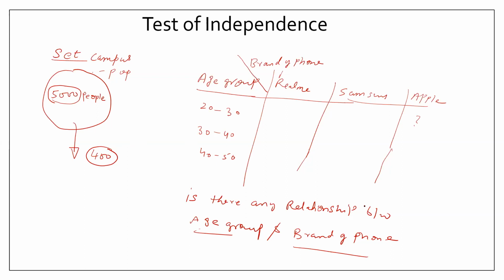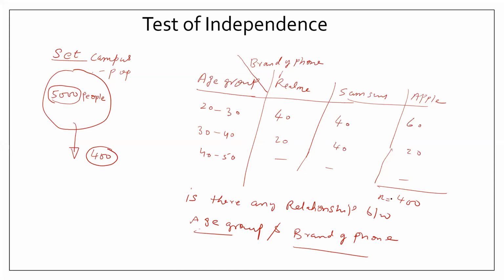Let's say I have found that in the 20 to 30 group, 40 people use Realme, 40 people use Samsung, and 60 people use Apple. Some rough figures I'm taking. Similarly, in the 30 to 40 category, let's say 20, maybe 40, and then 20, and so on.